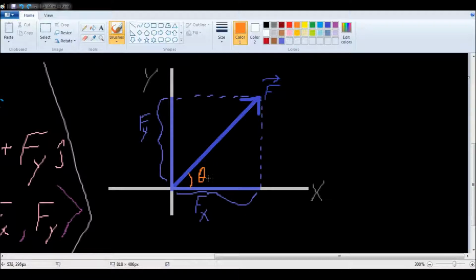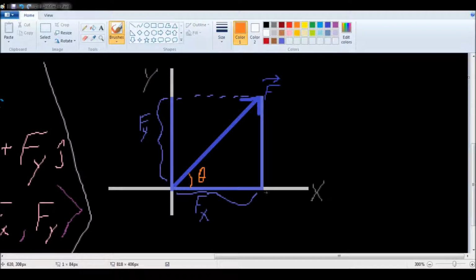Well, the theta is only useful if we have a right triangle, right? So what I'm going to do is take this vector here, this Fy, and move it over here to the other side, so that I can treat it almost like the leg of a triangle. And what do you know?